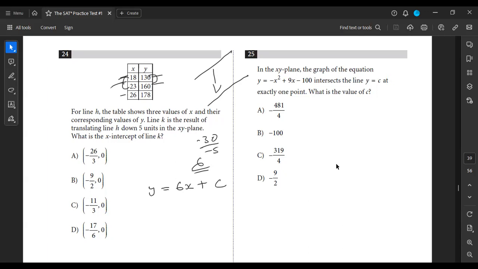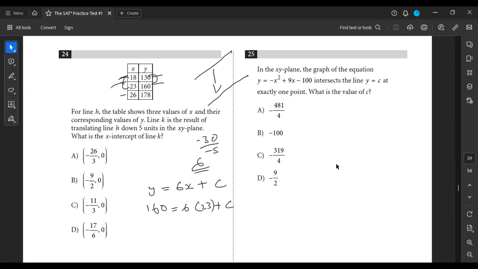Yeah, I see it. Given that the slope is continuous for all points, we could use any of the 3 points there to solve for C. So, for example, we can say 160 is equal to 23 times 6. And then we can find the value of C.